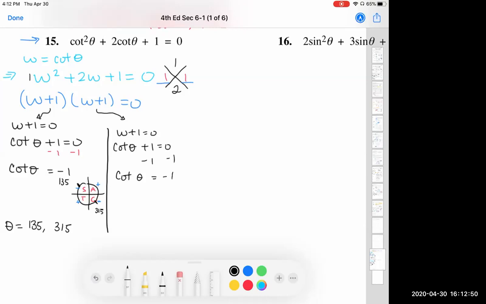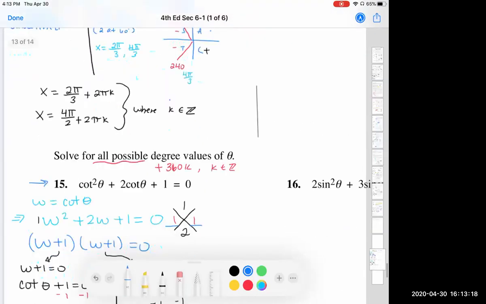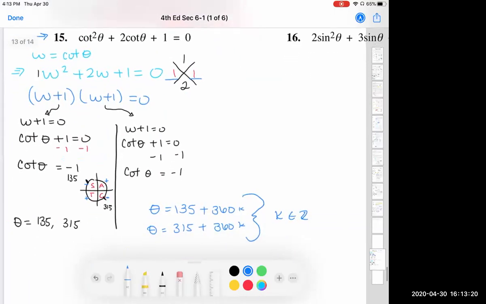So my final answer is theta is equal to 135 plus 360k, and theta is equal to 315 plus 360k, when k is contained in your integers. Whoa. All right, so that's the answer to 15, in case you want to take the time to screenshot it, just so you have it handy.